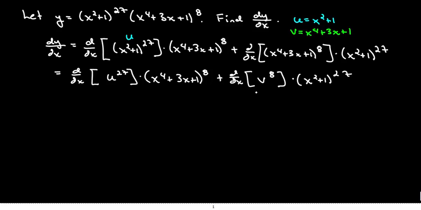Now here the situation is I'm trying to take the derivative with respect to x of u. Well, I can't do that, because these variables have to match, so I need to make a substitution here.